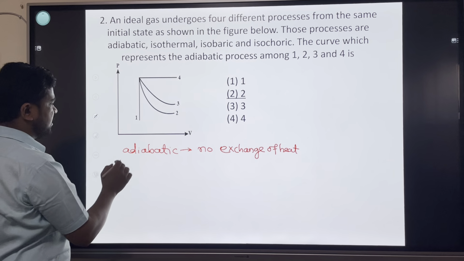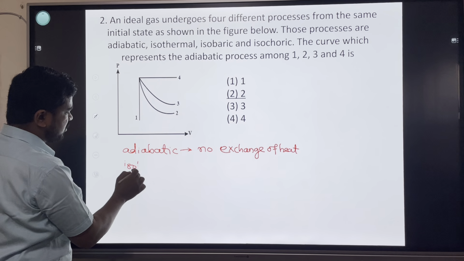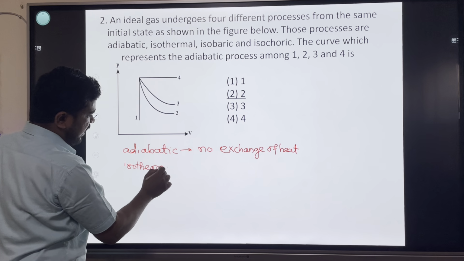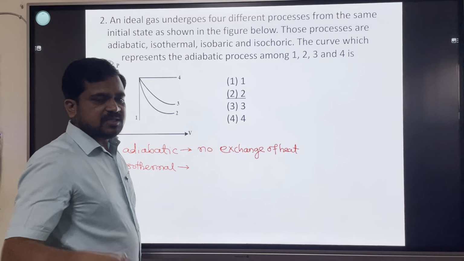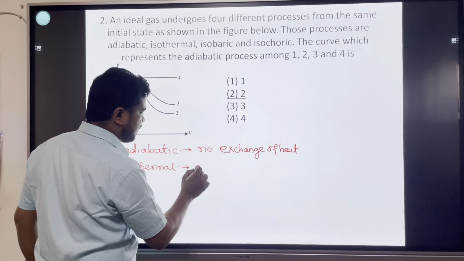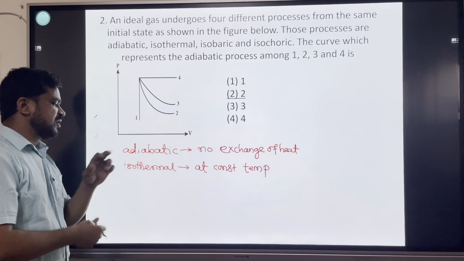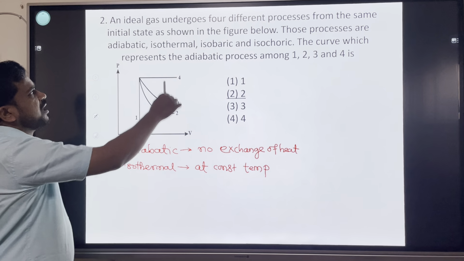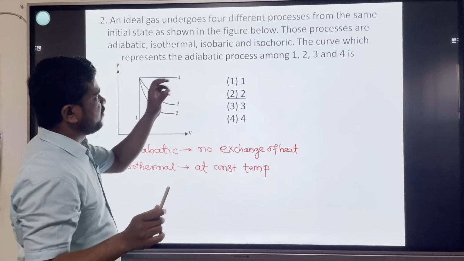Next one is isothermal process. The process which undergoes at constant temperature is called isothermal process.